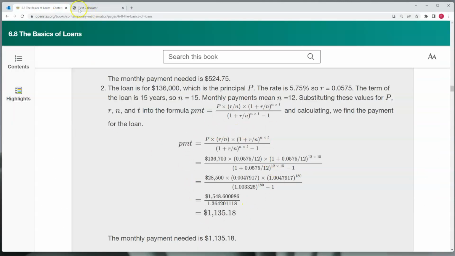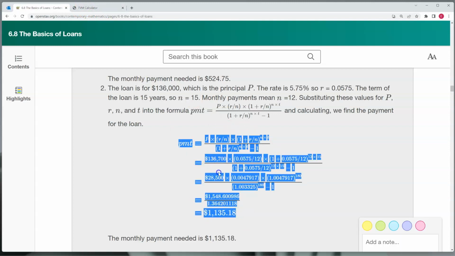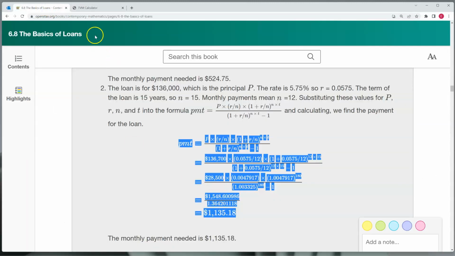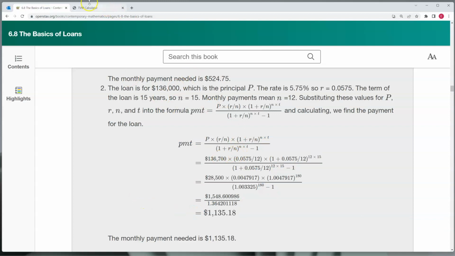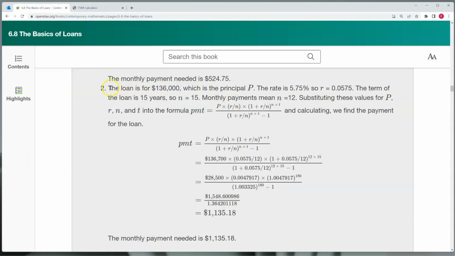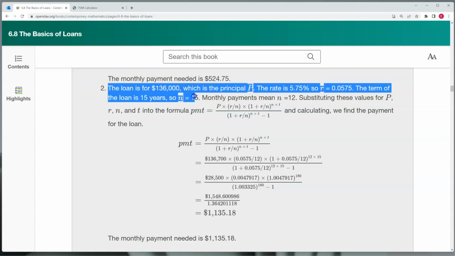So there's a typo here. If I would have done what they accidentally did, let's do 136.7 and do payments, then yeah, that gets me what they had there. So they have made a minor typo in the book, which, you know, it happens. It's a free textbook. But the correct answer is 1129.36 with what they've written here.